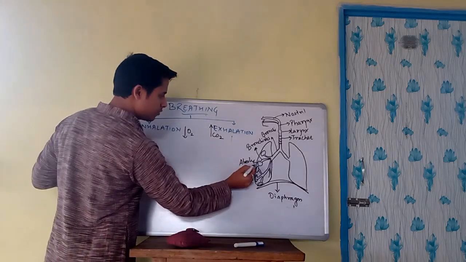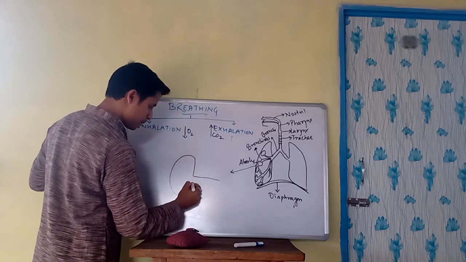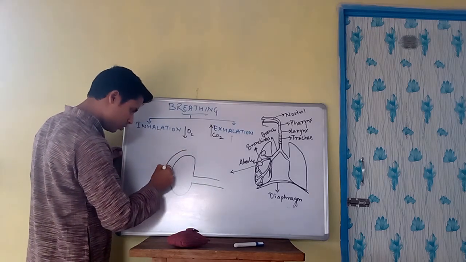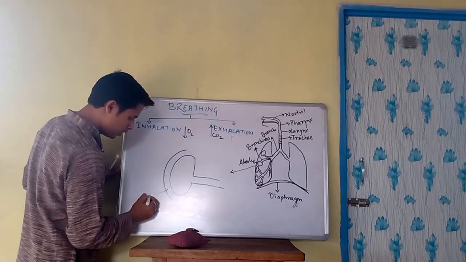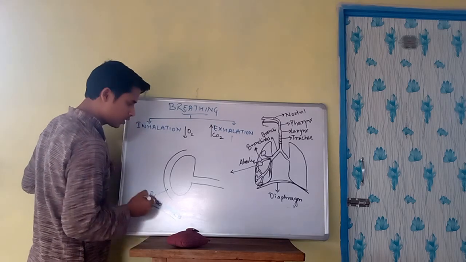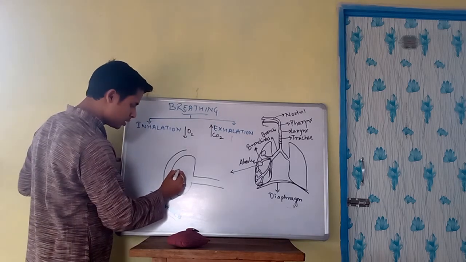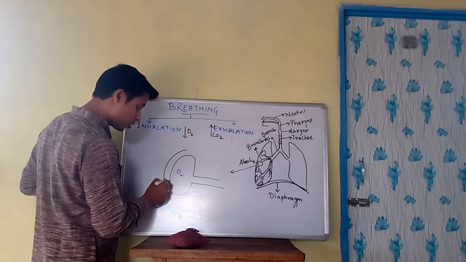So if I draw this alveoli structure bigger, the alveoli is surrounded by blood vessels, right? Surrounding this, blood vessels are there. When oxygen comes here, the blood is transporting carbon dioxide.